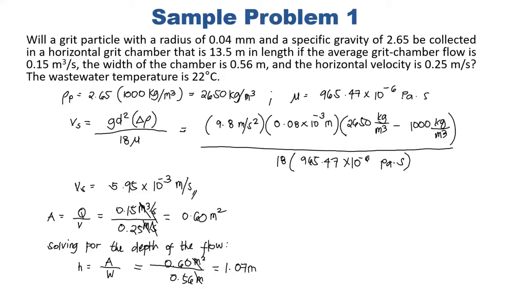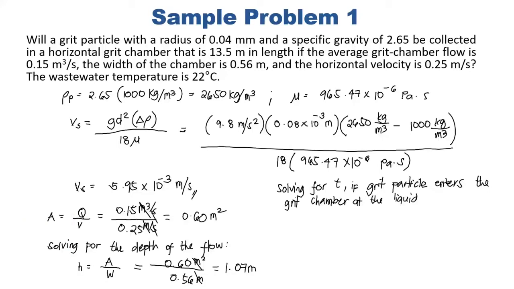After solving for the depth of the flow, the next step is to solve for the time if a grit particle enters the grit chamber at the liquid surface. So for the time, it's equivalent to the depth of the chamber, which is 1.07 meters, divided by our settling velocity, which is 5.95 times 10 to negative 3 meters per second.